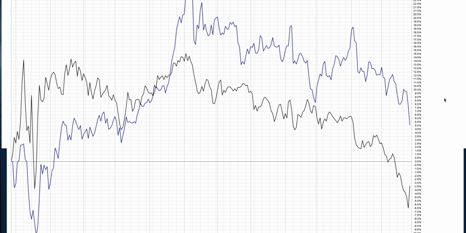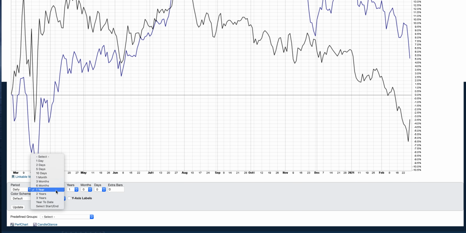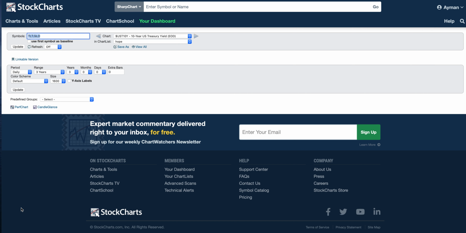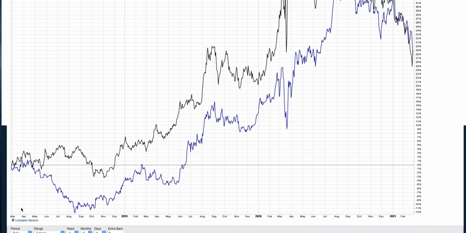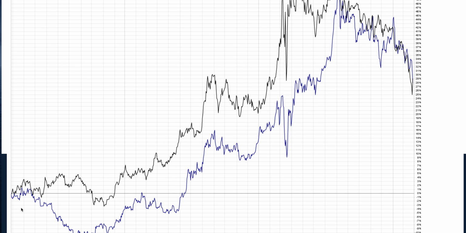So gold now is catching up with TLT, as I said before. It's still in breakdown mode. You can see it even if you go back 3 years; it's almost the same chart. Good? Very good. So TLT and gold.